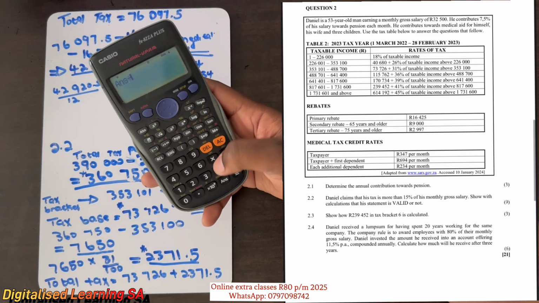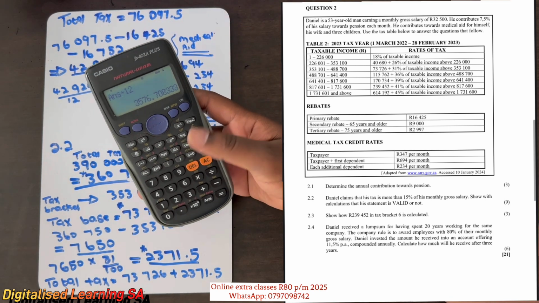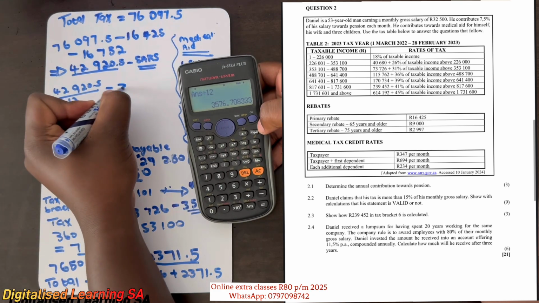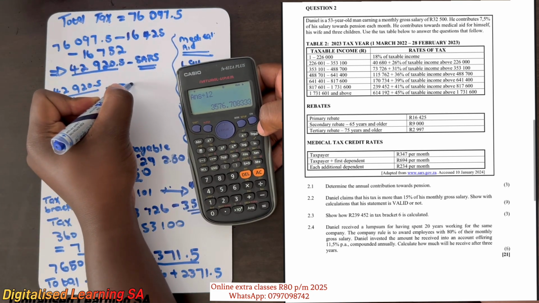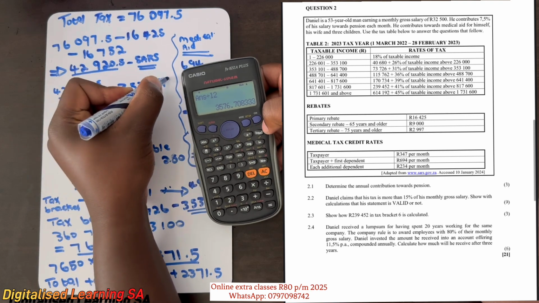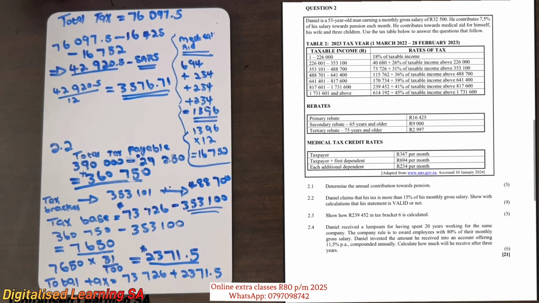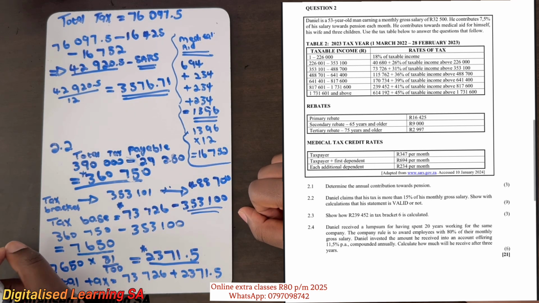If we do that, we can see that he is paying 3,576.71. So this is how much he is paying to SARS per month. But we are not done. We are told that he claims that his tax is more than 15% of his monthly gross salary.